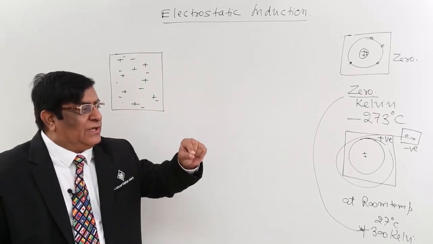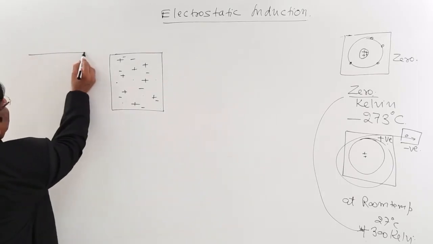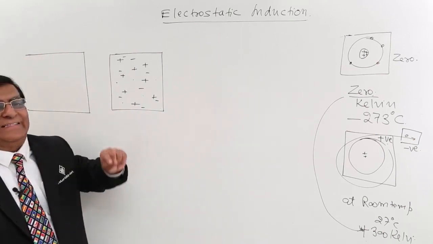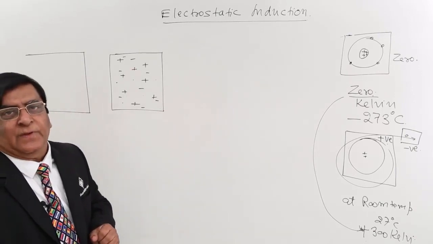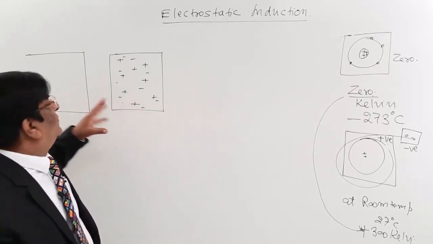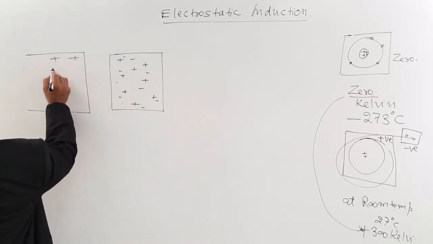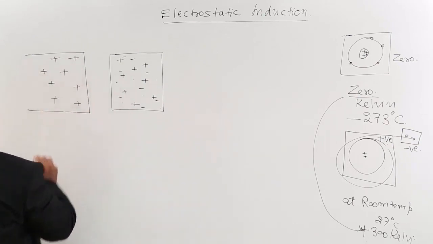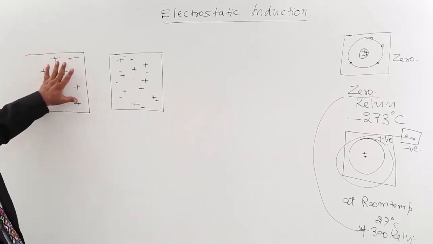Now, I do one operation. I charge a glass, and that glass rod I keep here. This glass rod has got certain excess positive charges. What is excess positive charges? Now you know. It has lost certain electrons, so the number of positive charges is more. Let us say we are not showing the neutral atoms, we are not showing the electrons, we are showing only excess charges, which are positive charges in this case.